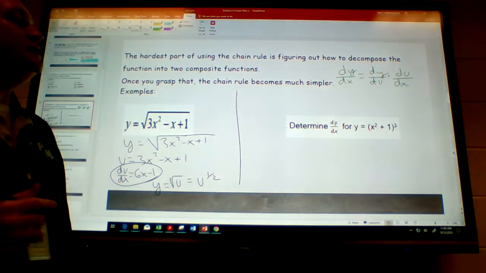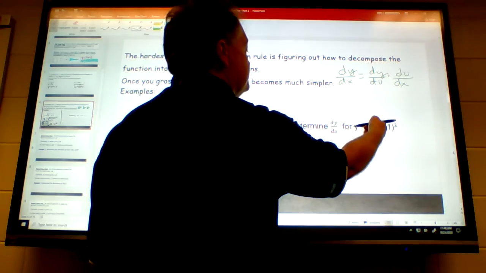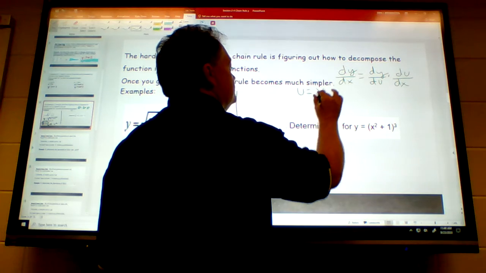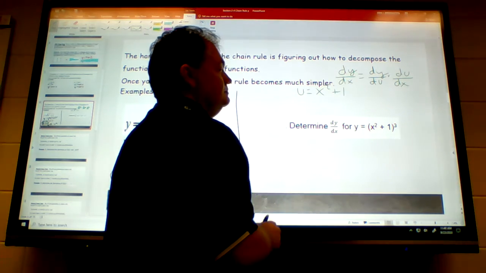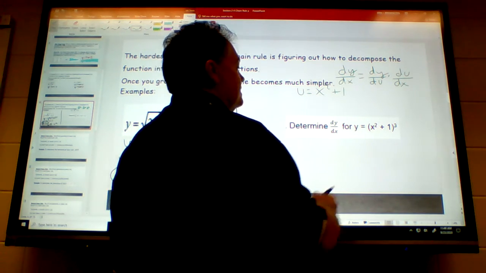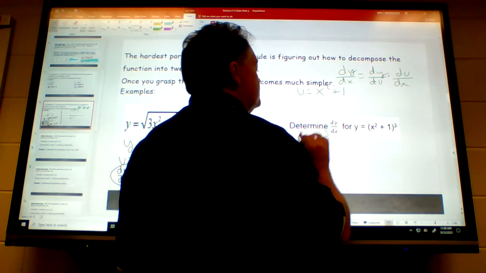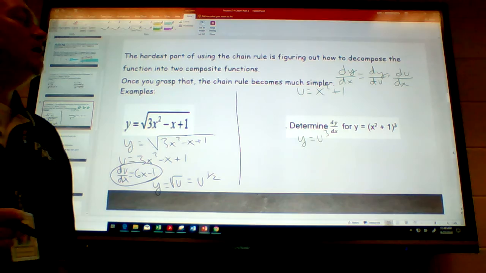Okay, now, here's the first thing I'm going to do. My u is going to be x squared plus 1. Now, my equation y is going to equal u to the third.